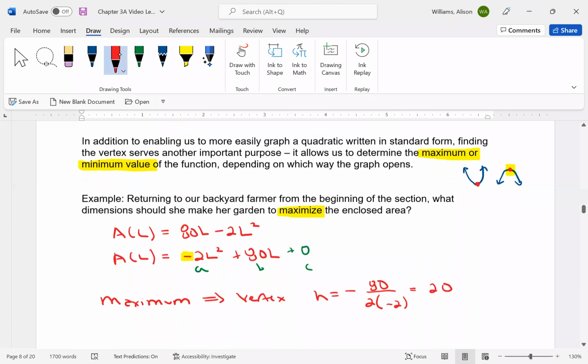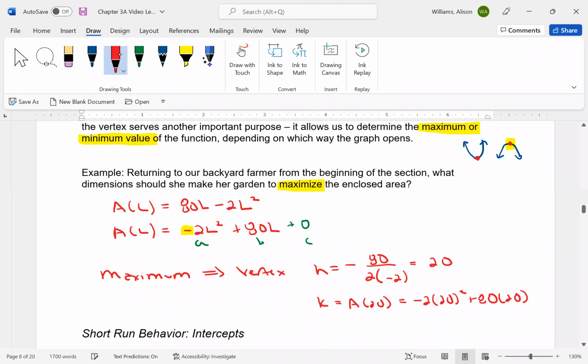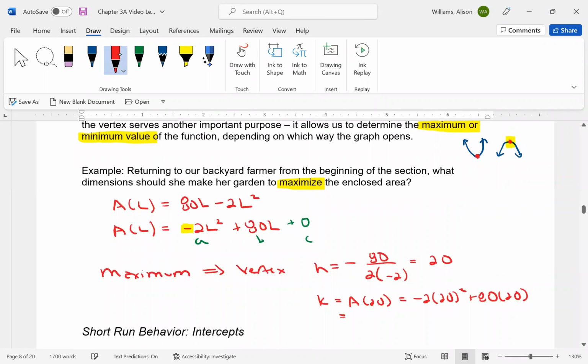All right, so if I take 20 and plug that into the original equation, I can find the k value, the vertex for the k value. That's going to be A of 20, which is -2 times 20 squared plus 80 times 20. So let's see, that's going to come out to 800.